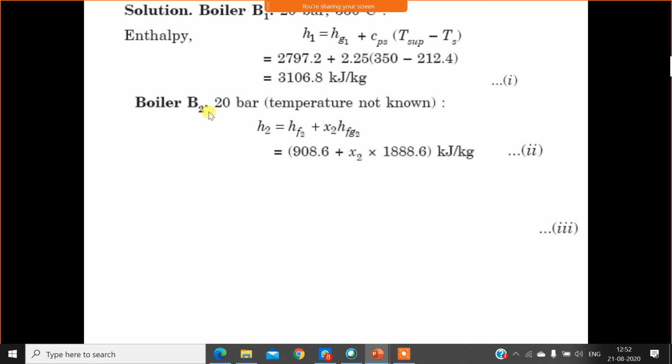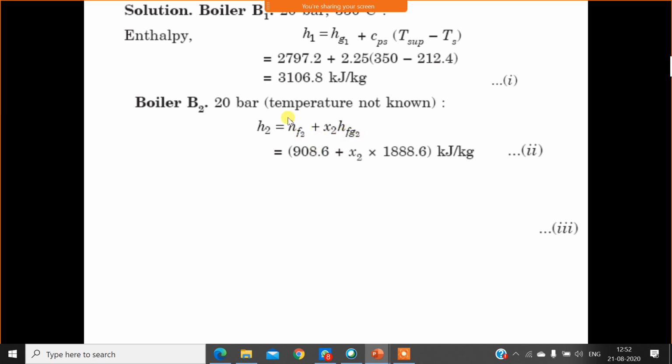Now boiler B2 is again producing steam at 20 bar, but the temperature is not given, and we have to calculate the quality, meaning the dryness fraction. It is understood that it is a wet steam. Therefore, H2 is equal to HF2 plus X2 HFG2.